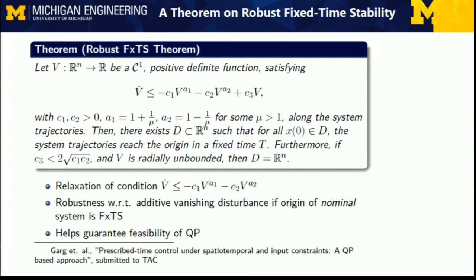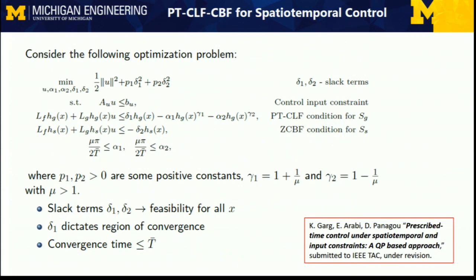We needed that in order to prove feasibility of our QP, which is now posed in a more general and possibly useful form, adding also slack variables in our constraints: in the control barrier function constraint and in the prescribed time control Lyapunov function condition, in the presence of control inputs.